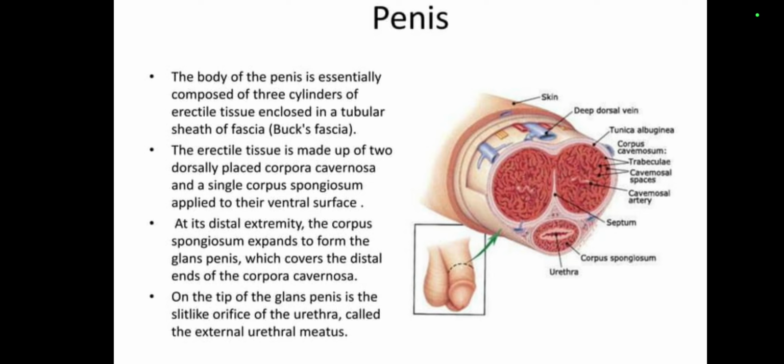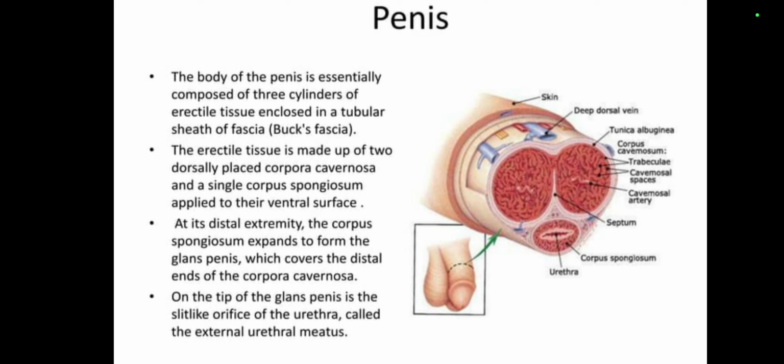At the distal extremity, okay, this is basically explaining how the corpus spongiosum and corpora cavernosa work, or how the penis becomes erect. So the spongiosum, because it is a spongy tissue, will expand to form the glans penis.